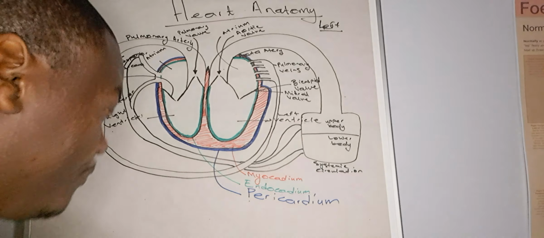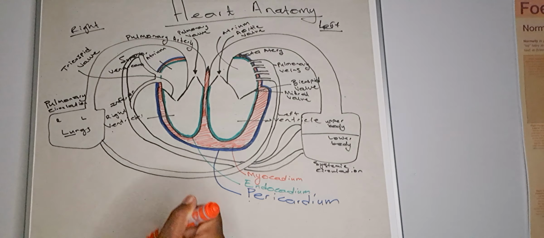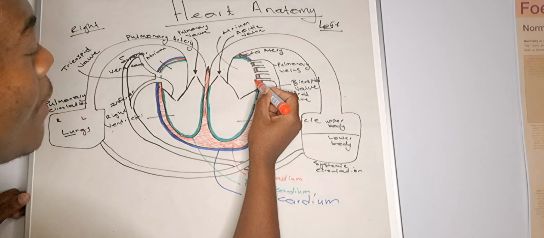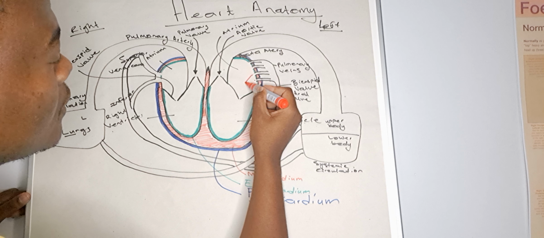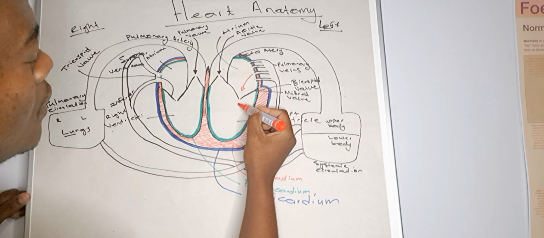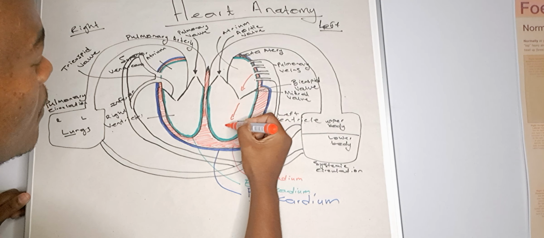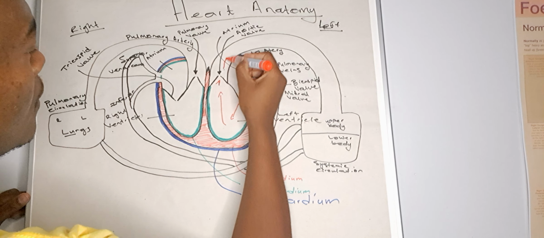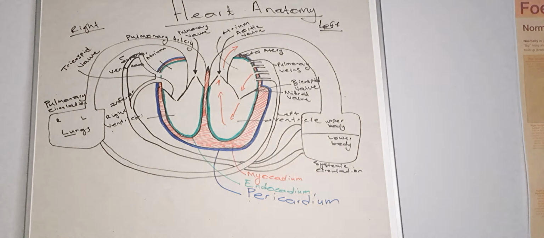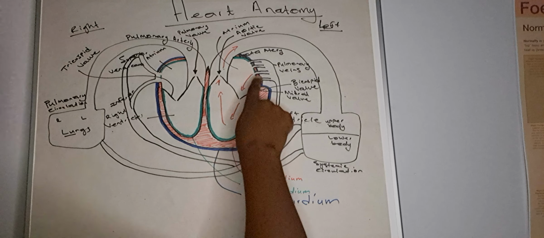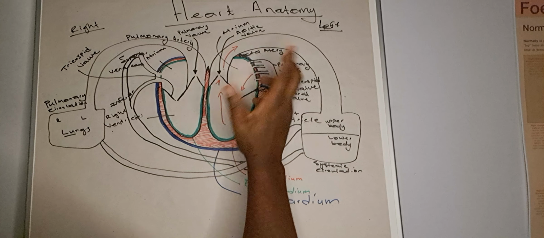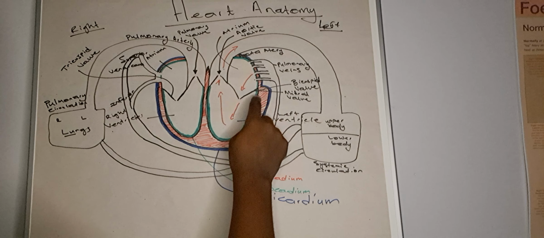Now, blood will come now. Now I'm telling you about blood. Do you see that blood will come from our pulmonary veins? By nature, there are four. This is just a simplified diagram for everyone to understand the heart.